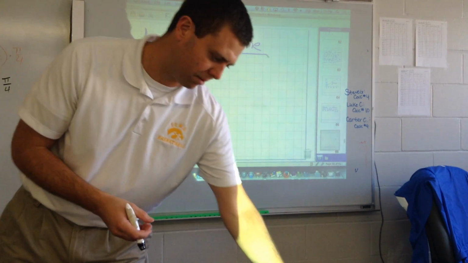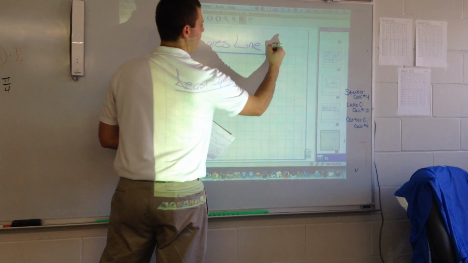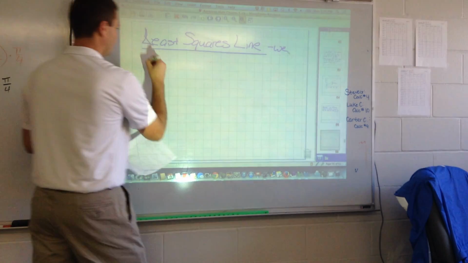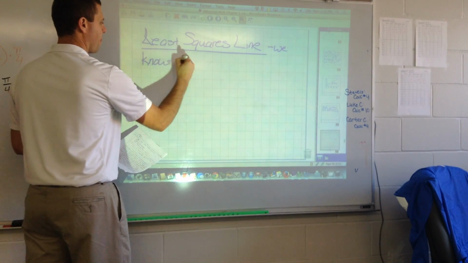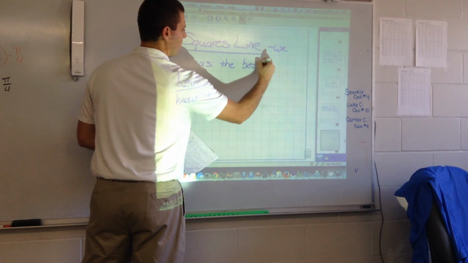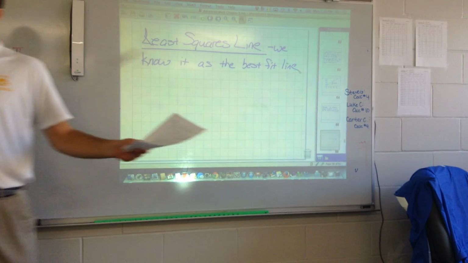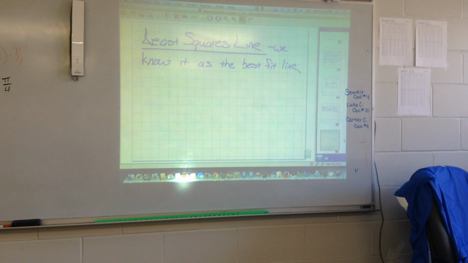First of all, the least squares line, we know it as the best fit line. That's all that we've ever talked about. When I say best fit line, I mean this. It's the same thing.